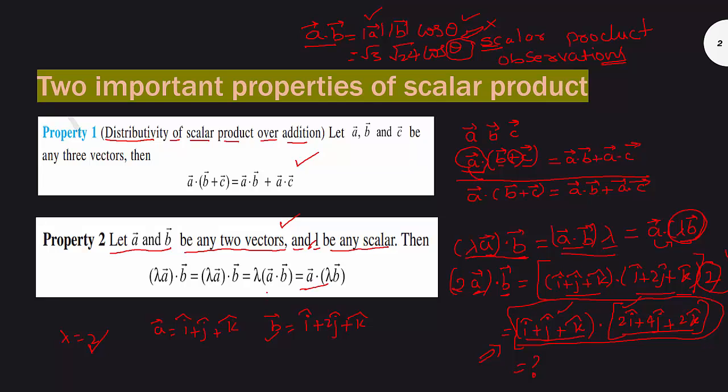In any of these situations, your value is not going to vary. That means all these terms give you the equal value. Okay, so let us move to the next slide.